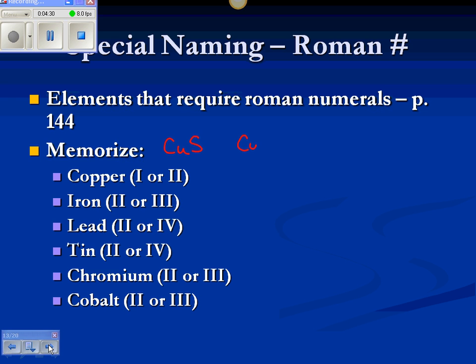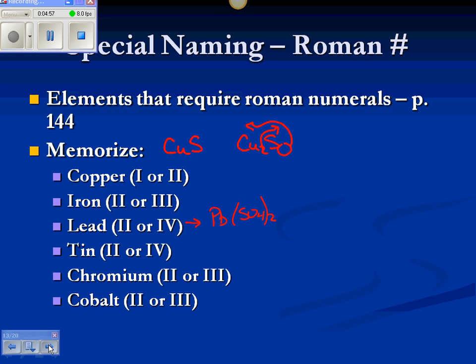If I have Cu2S, this 2 came from sulfur, this 1 came from copper, so that would be copper 1 sulfide. Be careful. Another thing that could give us some problems, if I take a look at lead, okay, if I write Pb, let's say SO4, we would be tempted to call this lead 2 sulfate.